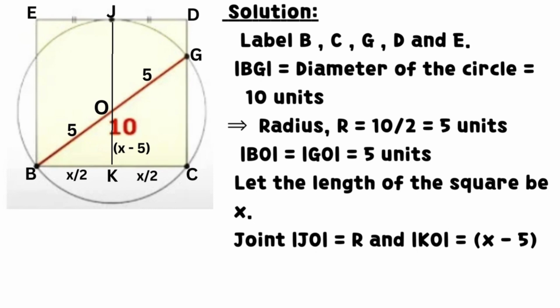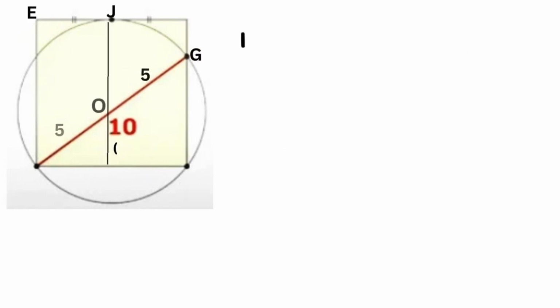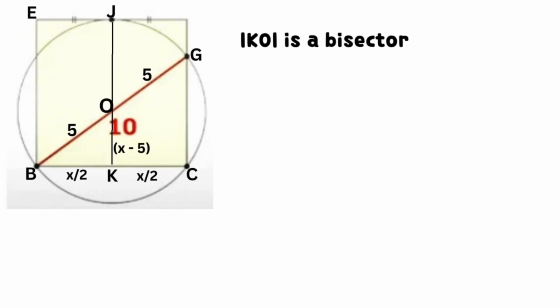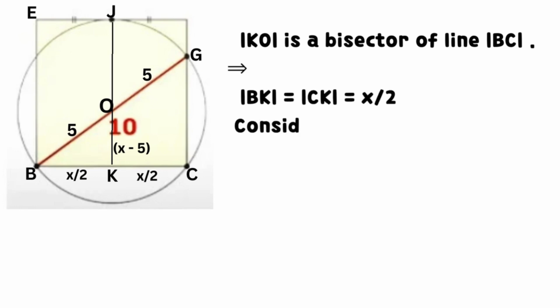Let the length of the square be x. Join JO equals R and KO equals x minus 5. Line KO is a bisector of line BC.